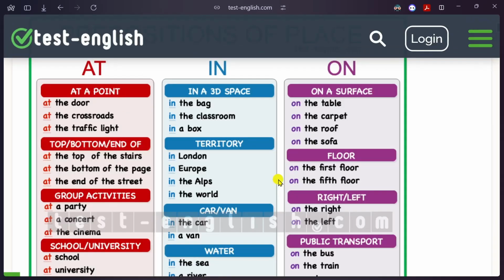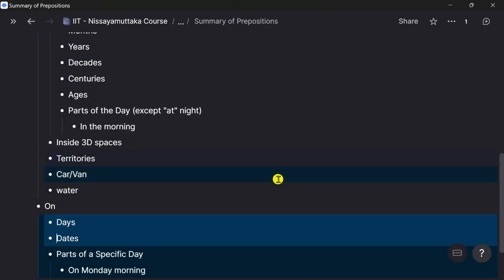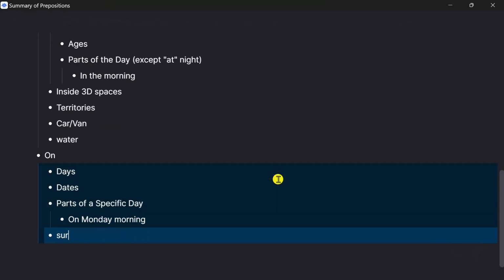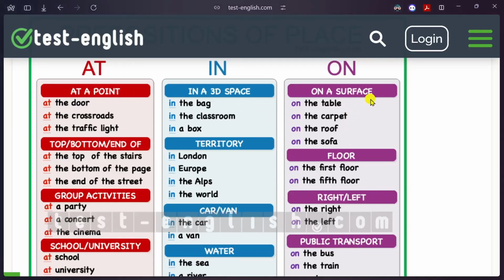Okay, surfaces. Surface, you understand, no? So this is a surface, or it could also be the surface of the water. On a surface: on a table, on a carpet, on the roof, on the sofa, on top.